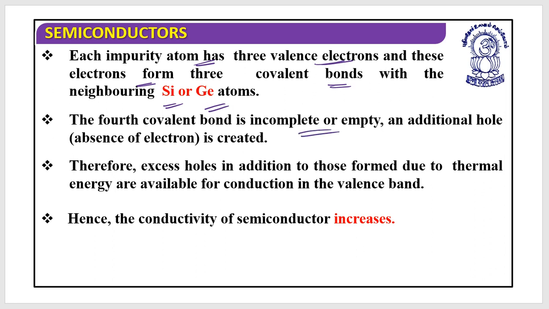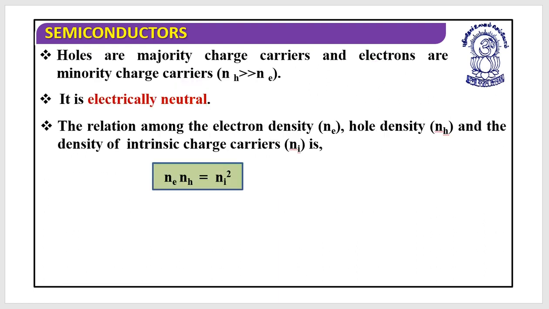This fourth covalent bond is incomplete or empty, and due to this deficiency of electron, a hole is created. Therefore, excess holes, in addition to those formed due to thermal energy, are available for conduction in the valence band, and hence the conductivity of the semiconductor increases.